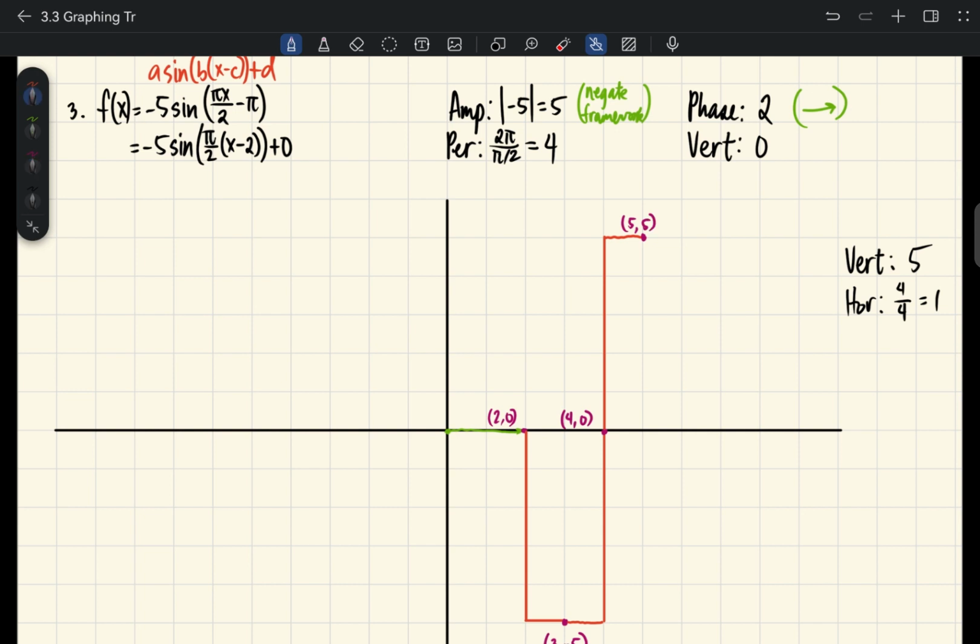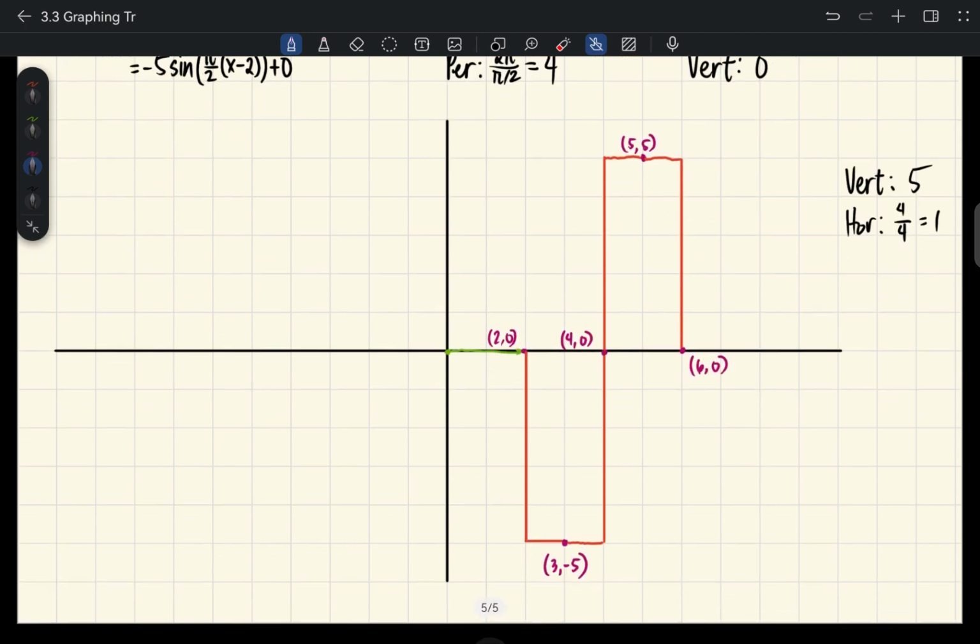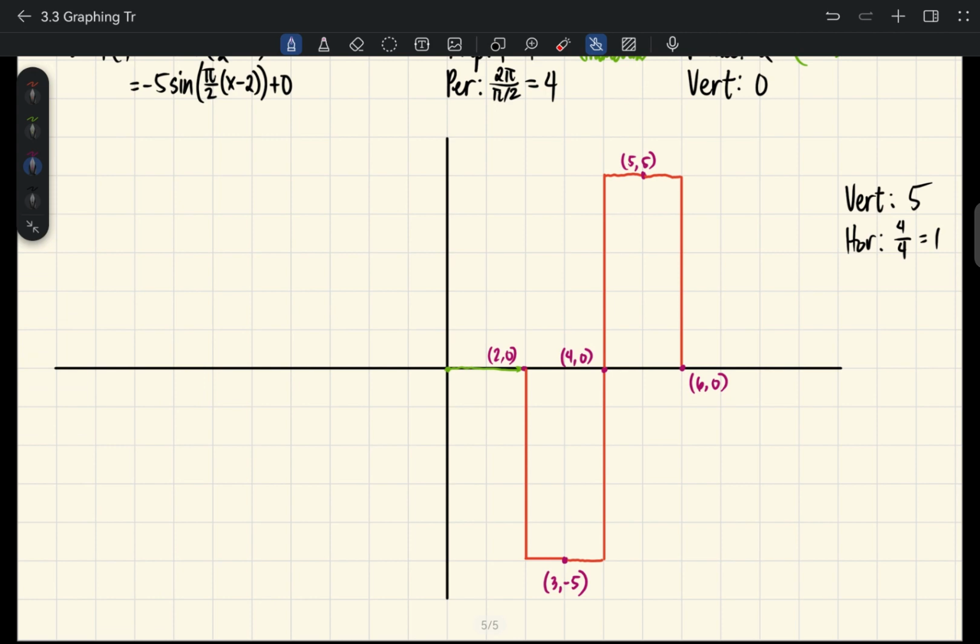Then lastly, we move 1 unit to the right and 5 units down. We add 1 to the x-coordinate, so that's 6. And subtract 5 from the y-coordinate, so we have 0. Then finally, to draw the sine graph, we just draw it.